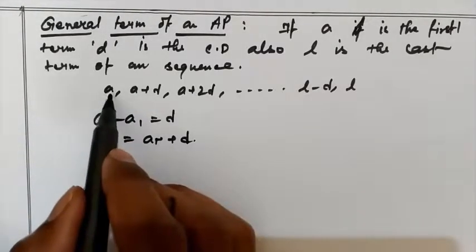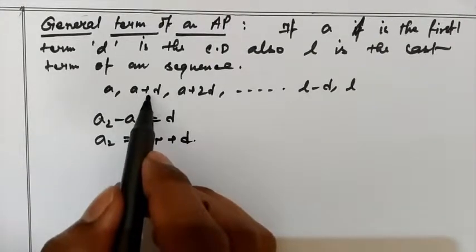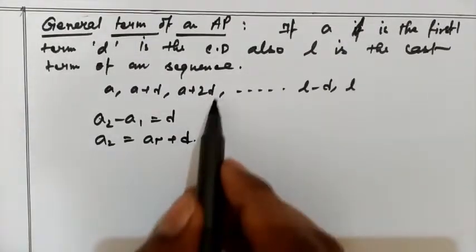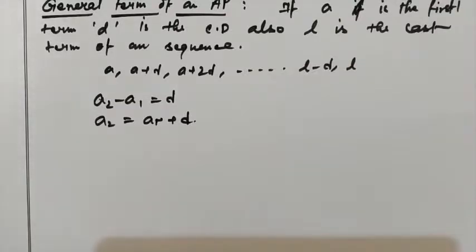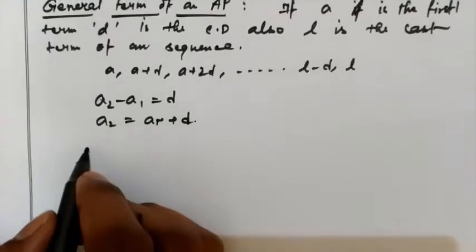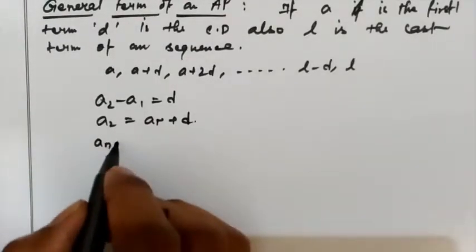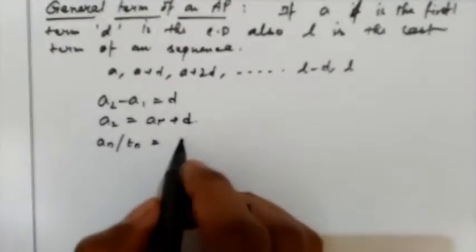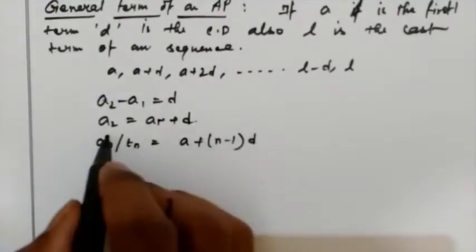Similarly, if the first term is A, if we add D to A, then we will get the second term. If we again add D, we will get the third term. In this way we are getting. So the general term of an AP, that is denoted by an or Tn, whatever you want you can write, is equal to A plus n minus 1 times D.